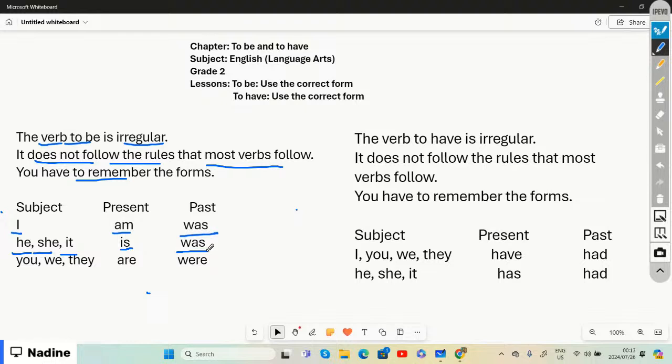All right. And you know when they say that there's no rules that you need to follow, you're just going to have to remember the forms. The same here, we see you, we, they. It refers to more than one subject. And we say you, we, they, and our present tense form is are.